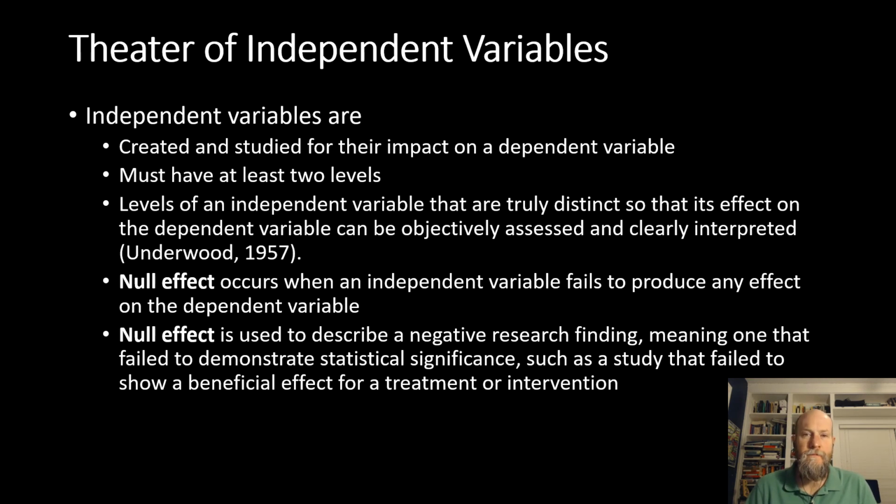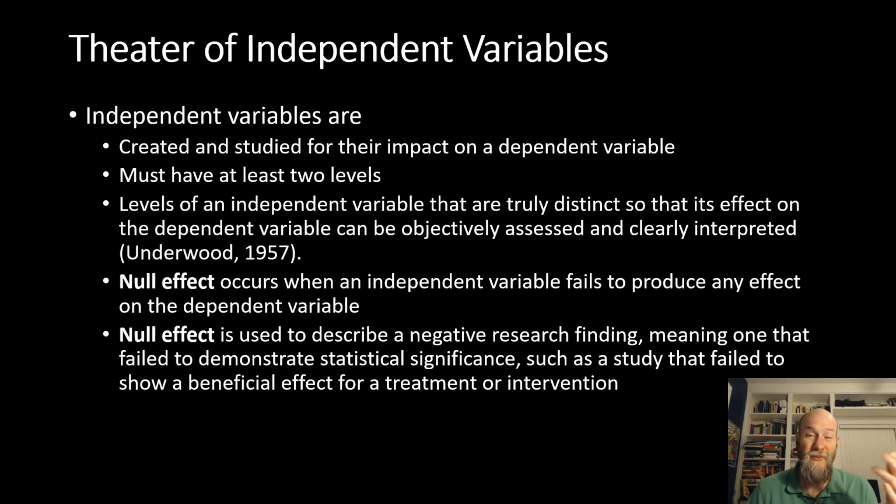So independent variables are created by the researchers, right? They're derived from theory, and they're meant to operationally measure hypothesized constructs out there. But they're really studied in a way and manipulated to determine their impact on the dependent variable. They are the cause, and the effect is measured in the dependent variable, the outcome.